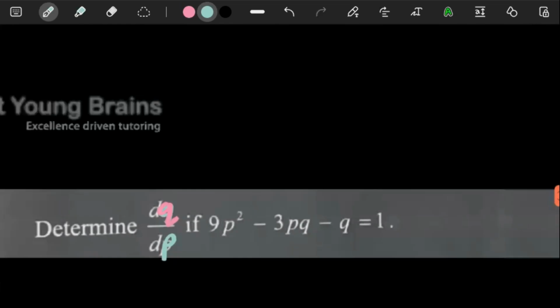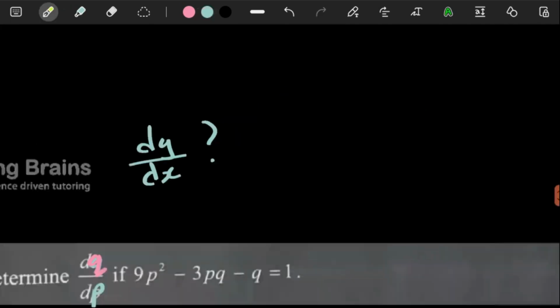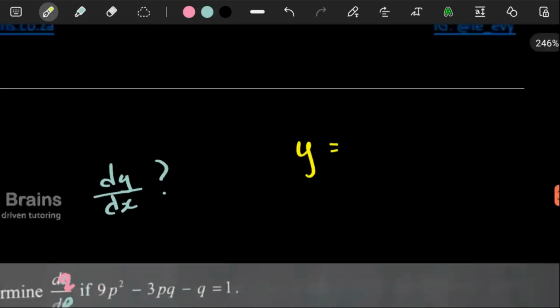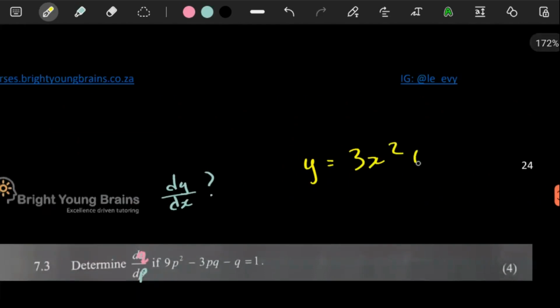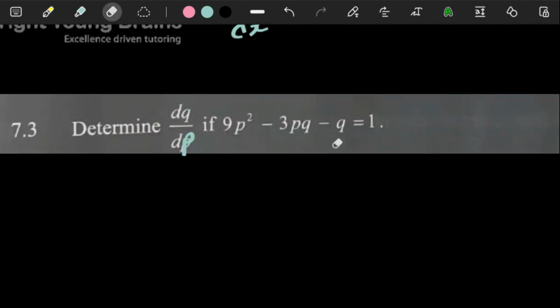It's just like when you have dy over dx as a question. If the question is asking for dy over dx, your equation would normally start with y is equal to something. So that's why y would be the subject of the formula. So for this question to work out, you need to make sure that q is the subject of the formula first.